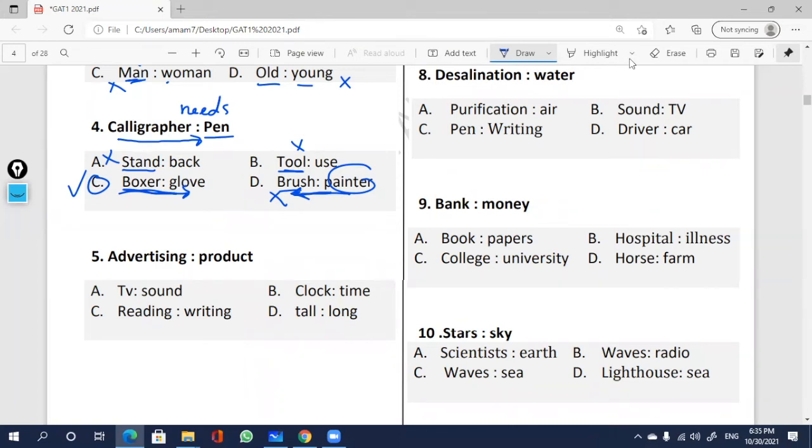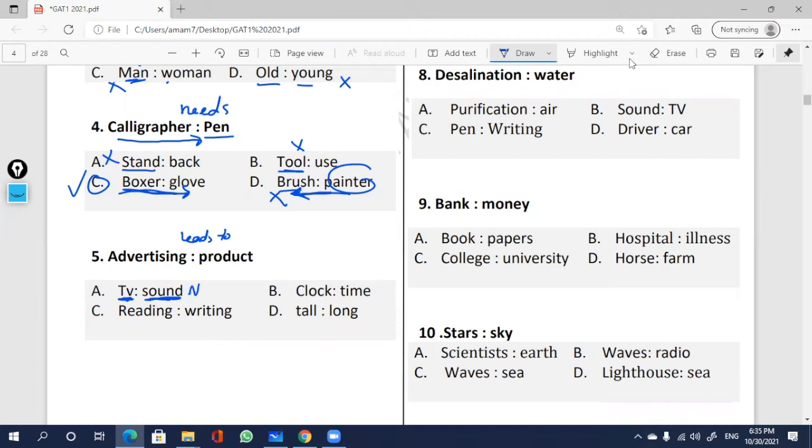Let me help you with this one. Advertising leads to products, for example. A TV leads to sound. Is it yes or no?